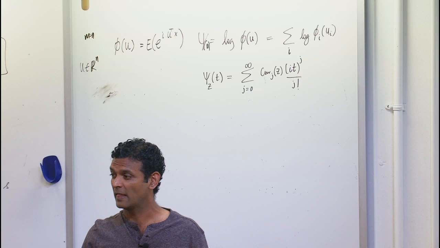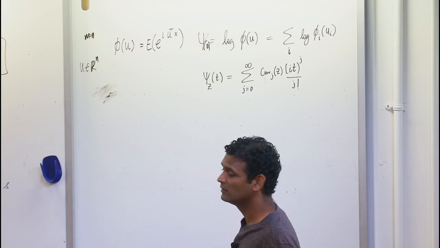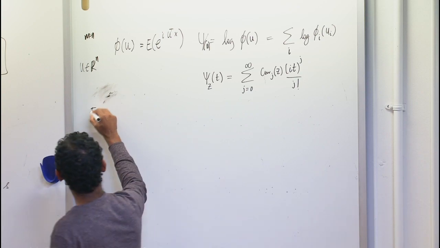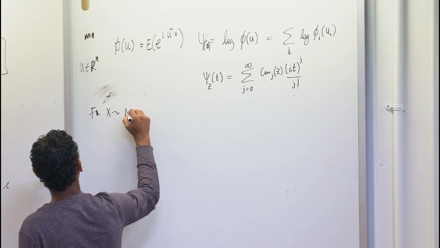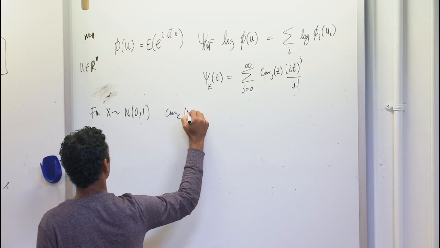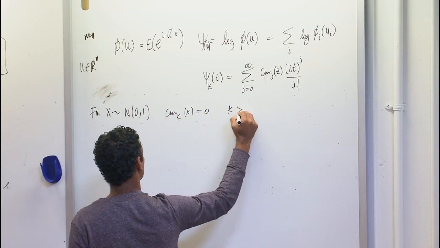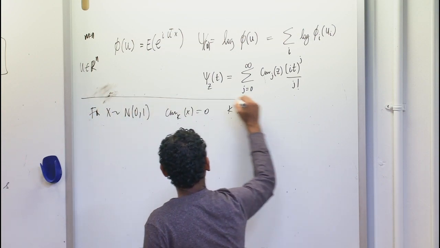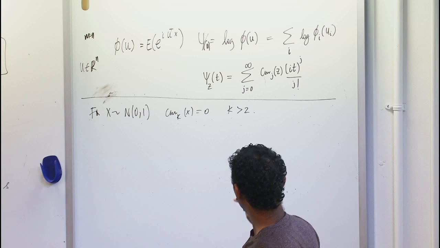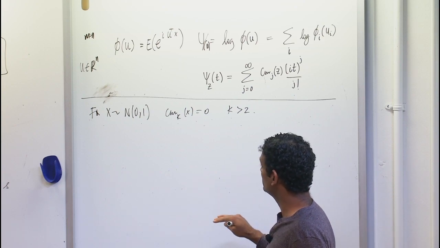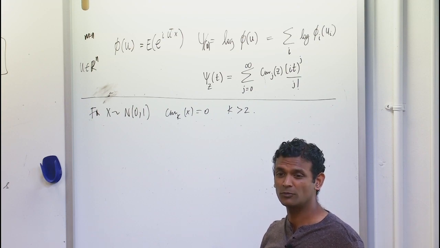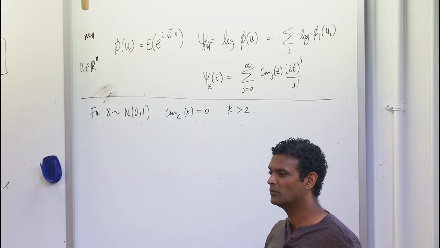Now for a Gaussian, all cumulants except the first two are 0. So for x drawn from N(0,1), cumulant k of x is 0 for k greater than 2. And even more, a classical theorem by Marcinkiewicz is that the only distribution that has a finite number of non-zero cumulants is the Gaussian.